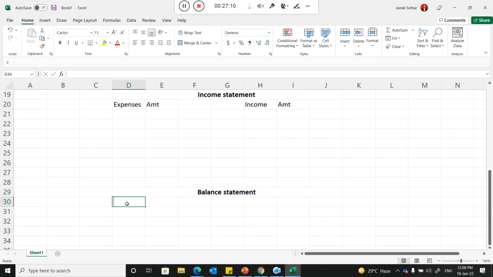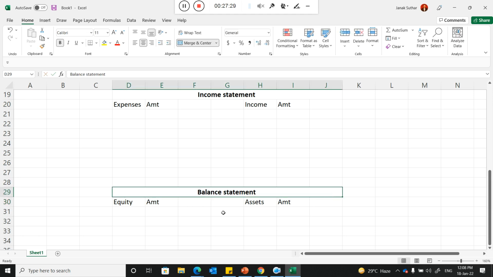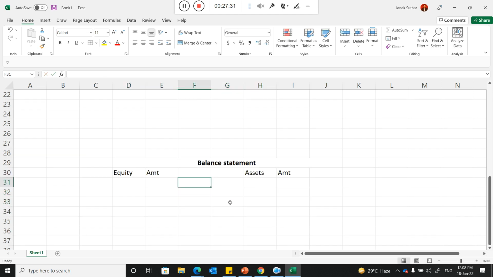So here you will write the equity amount, and the next is how much assets there are, and the amount.